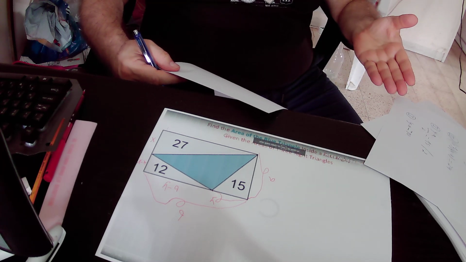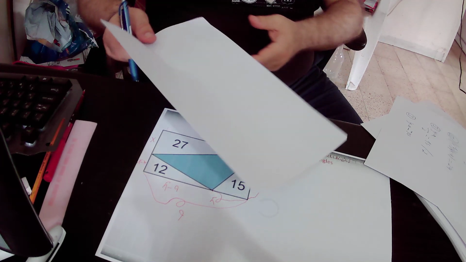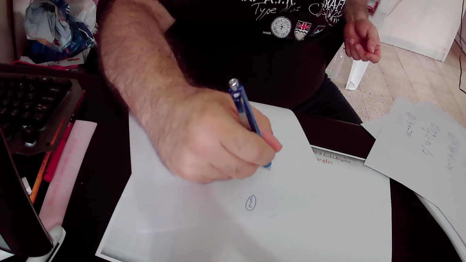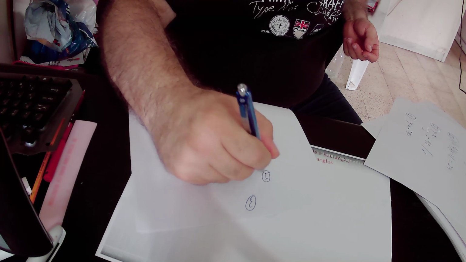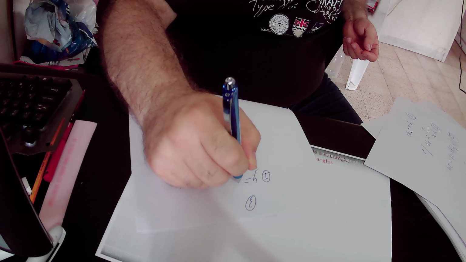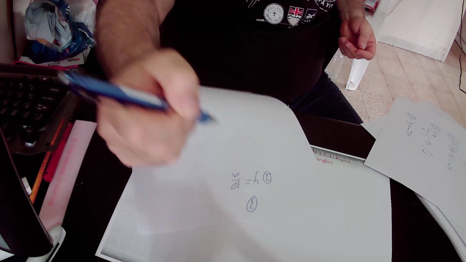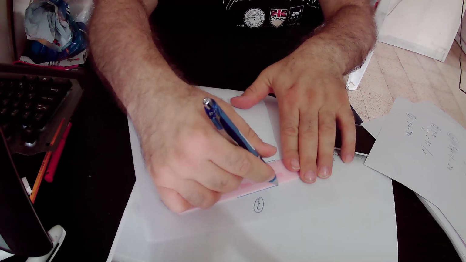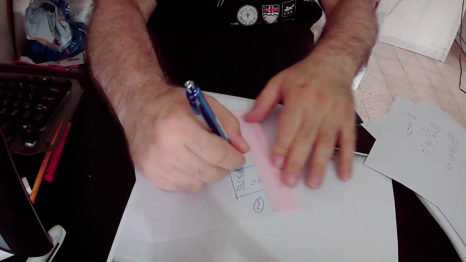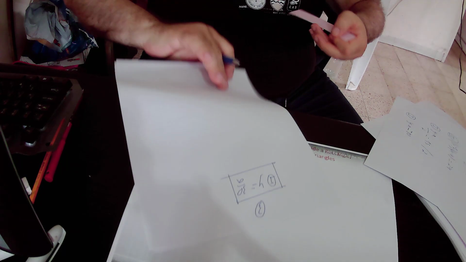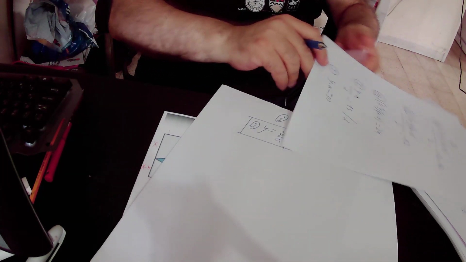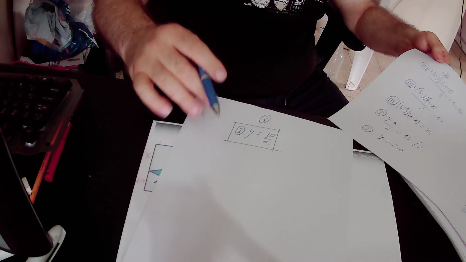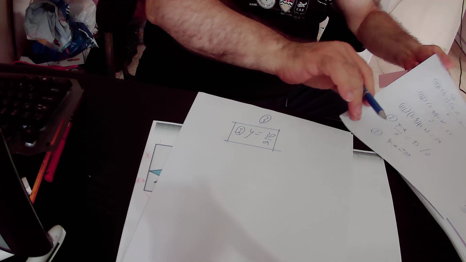So we divide both sides of the first equation by a, and we get that y equals 30 over a.